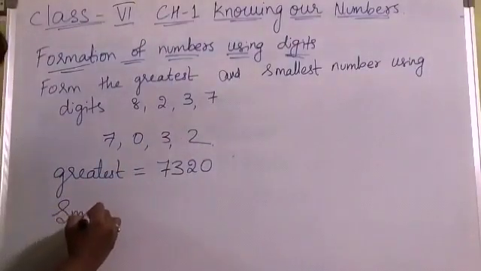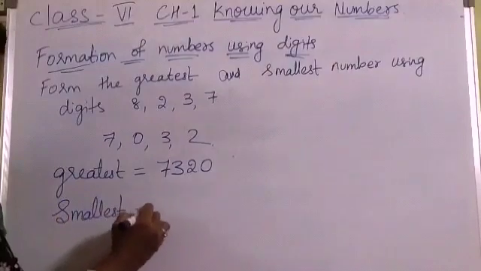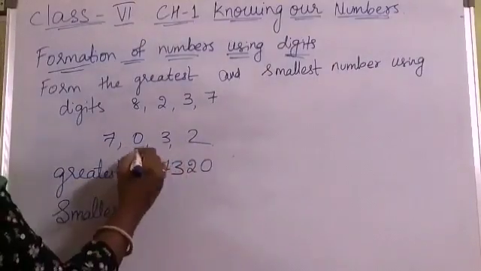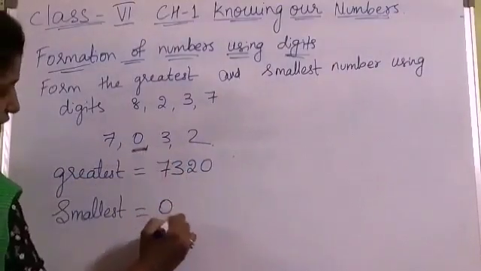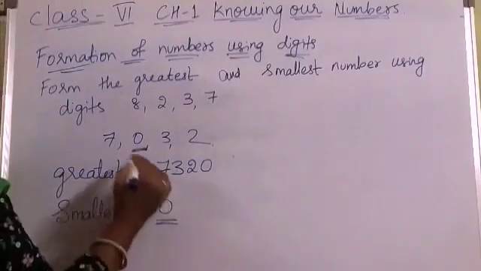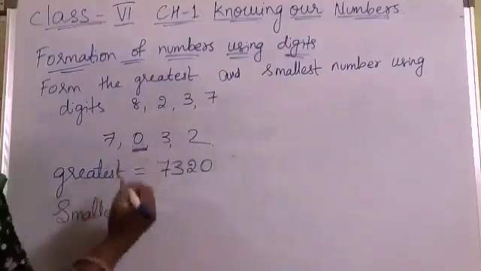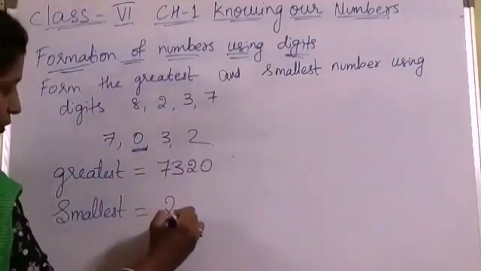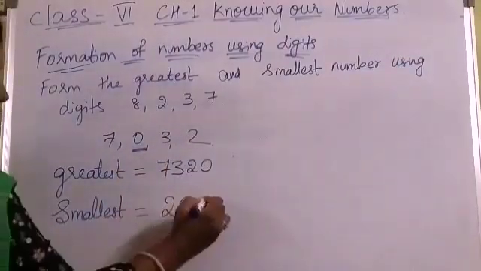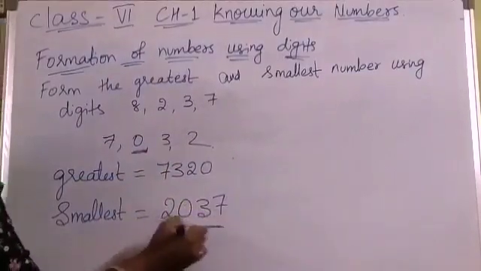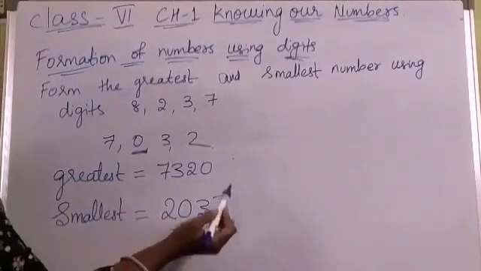Then how to write the smallest number? Which is the smallest here? 0. But 0 should not be written first, because if you write 0 first, it will become only a 3-digit number. So 0 after. Next, which is the smallest number? 2. 2 after 0. Then 3, 7. This is the answer. So the smallest number is 2037.